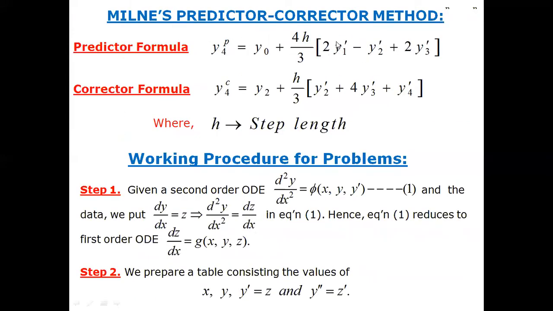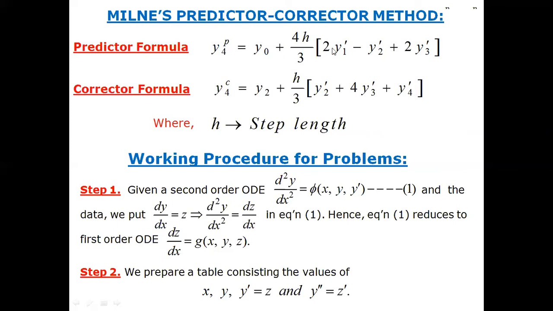You can observe that y dash is taken as z. So if I replace y dash by z, y1 dash becomes z1, y2 dash becomes z2, and y3 dash becomes z3. It is the same formula; there is no need to remember an extra relation.